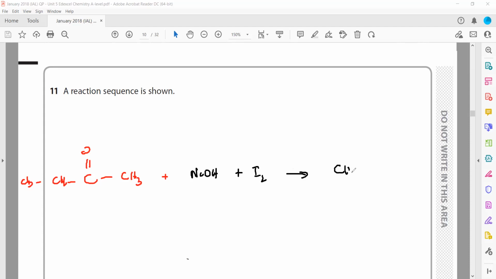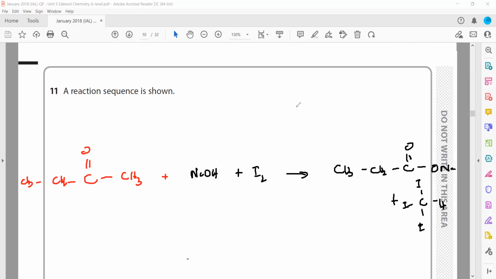It will form CH3CH2C double bonded with O, ONa, plus triiodomethane, where three iodines are attached and this H will be there. This is the product which is formed.